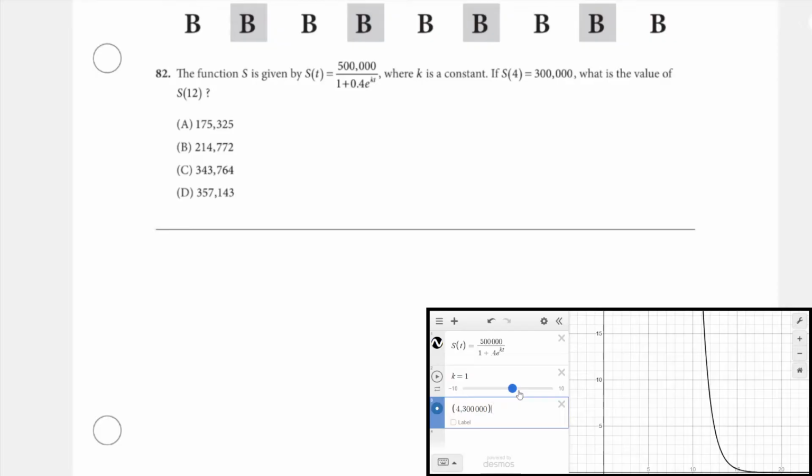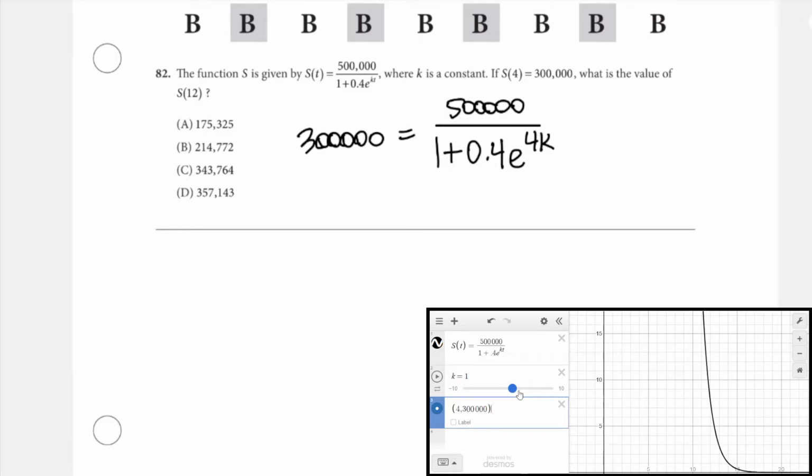S of 4 equals 300,000. So 300,000 is equal to 500,000 divided by 1 plus 0.4 e to the k times 4, because t is 4.